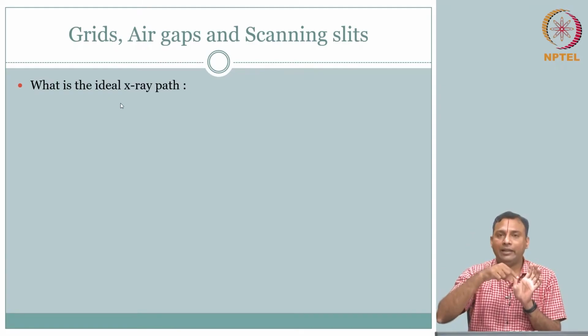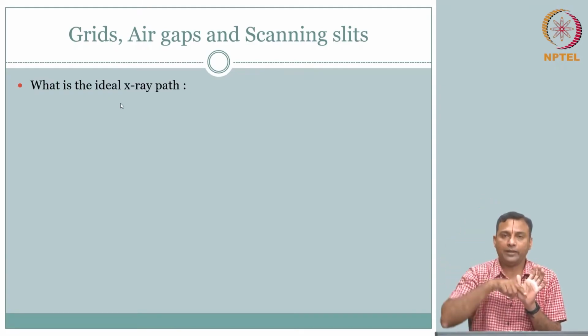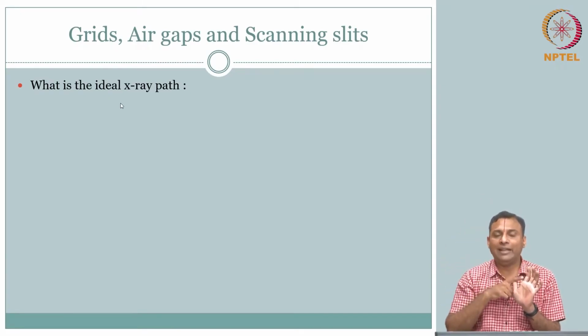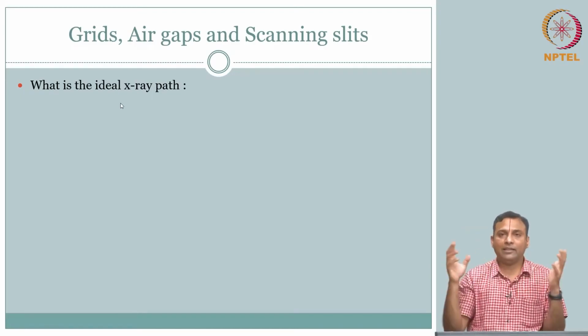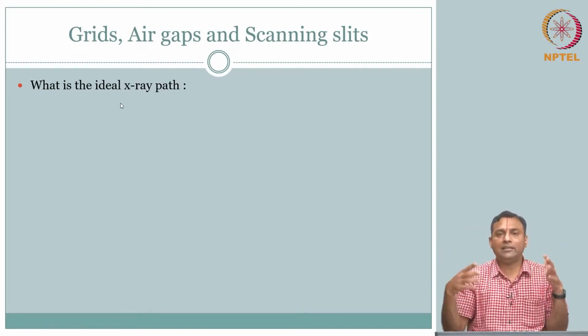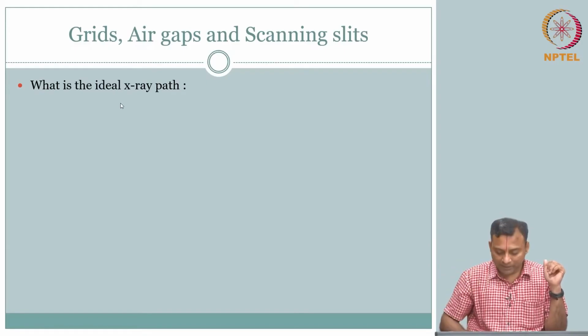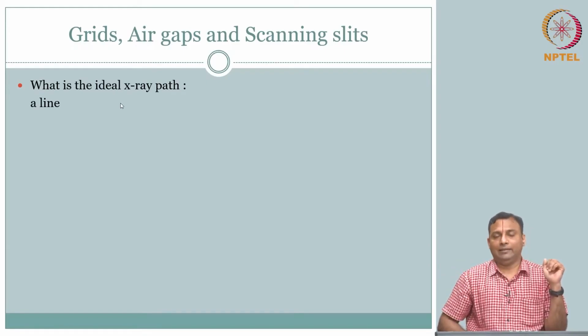So the line connecting the detector point to the source point. So the material was along the line. That is our ideal scenario, right? That is ideal signal. So we expect the path to be a line.